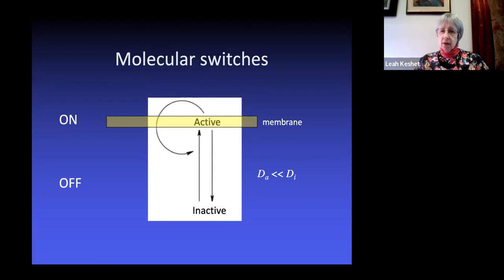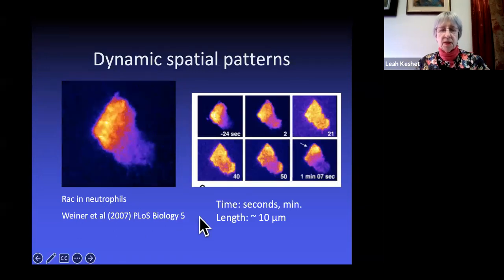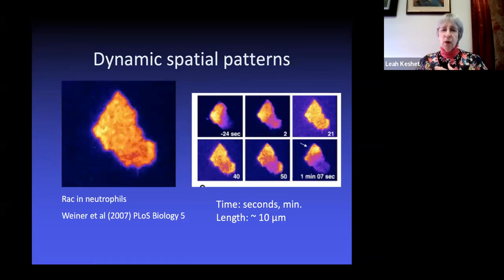This means that the rates at which they can diffuse across the cell are going to be quite different, because the active forms in the membrane are in a highly viscous environment, so they diffuse slowly relative to the inactive proteins, which are in the fluid part, and so diffuse quite fast. Okay, so each of these proteins can be seen to also spatially localize, and in a dynamic way.